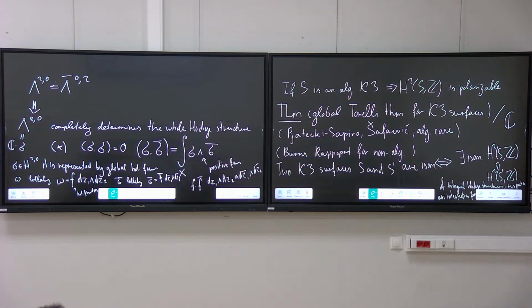Okay? So this is the statement. So two K3 surfaces are isomorphic if there exists an isomorphism of the corresponding Hodge structures that respects the intersection pairing.